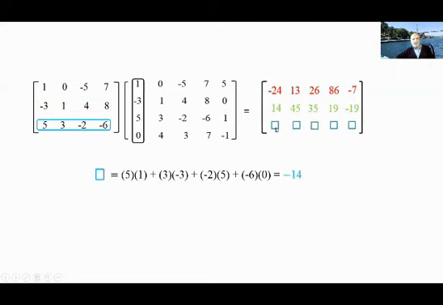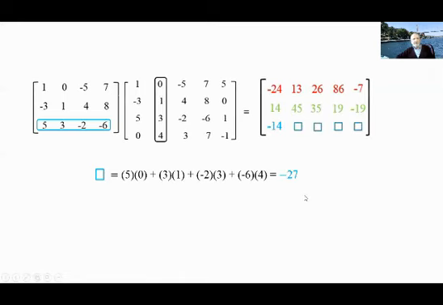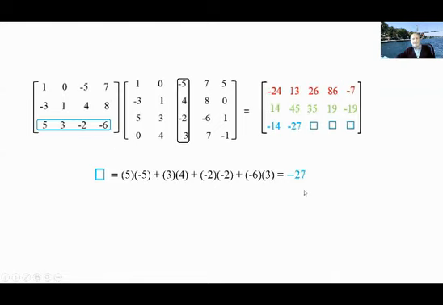Third row now, we have to fill up this here. So that's third row, first column: 5 times 1, 3 times -3, -2 times 5, -6 times 0, and you add them up. You get -14. Now, the second one here is the same: 5 times 0, 3 times 1, -2 times 3, -6 times 4, you get -27.